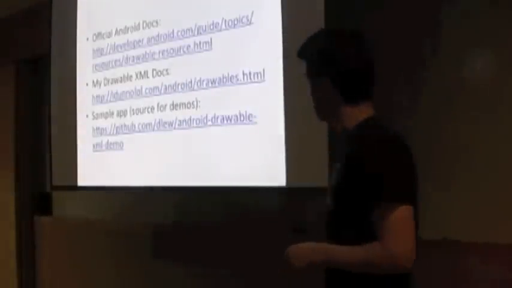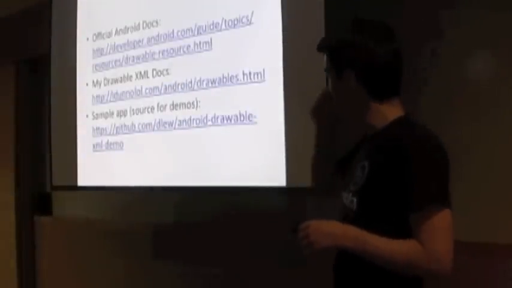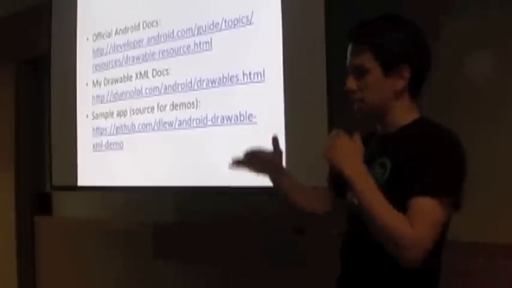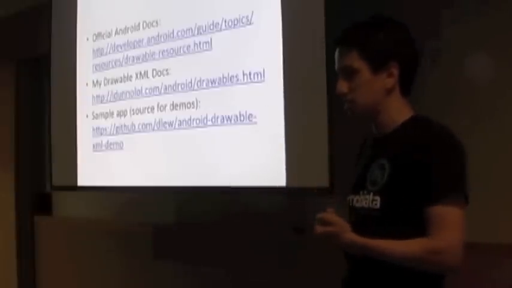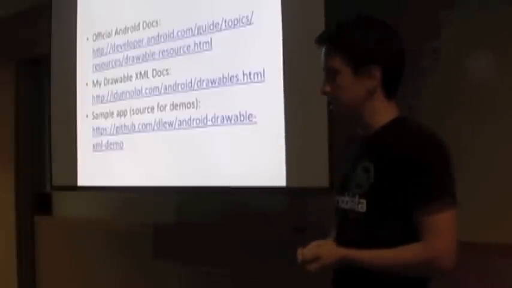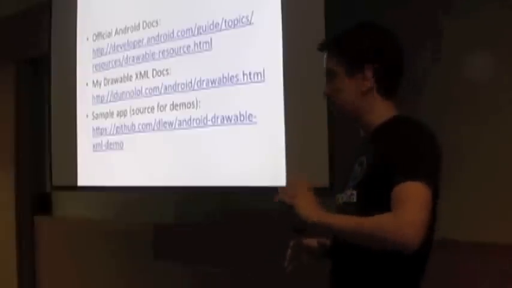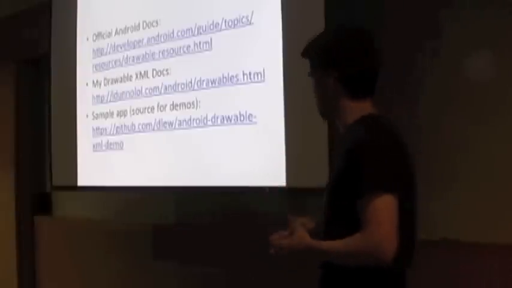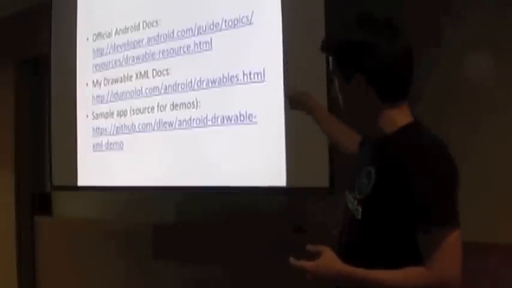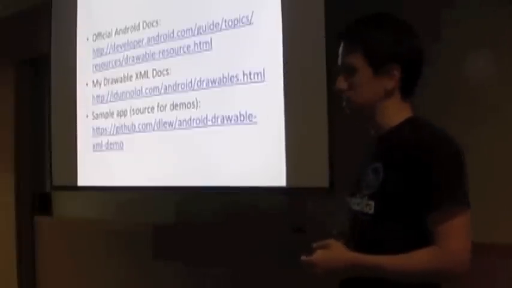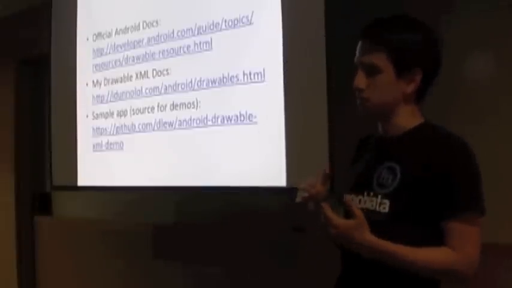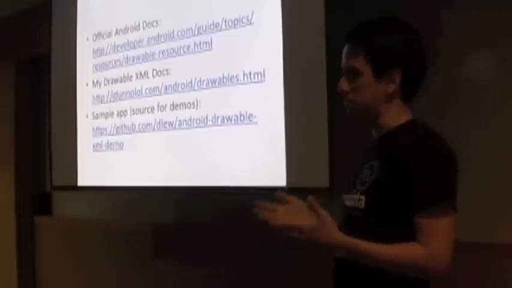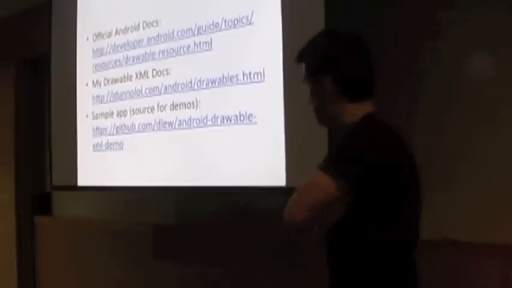So here's a few resources. The first is the official Android documentation. They have a list of all of the different drawable XML you can use, and all the different attributes you can use to control them. And that's pretty nice, and their layout is really useful. Before they came out with that, I came up with my own version of the XML documentation, where I went through the source code and figured out all the different attributes you could use and all the different tags that were renderable.